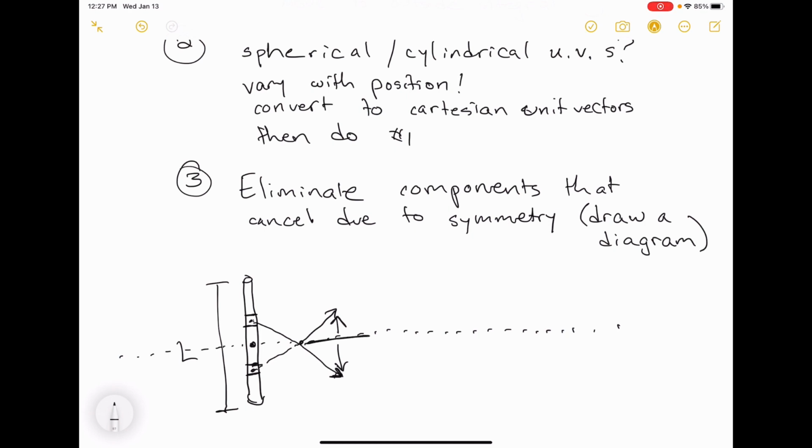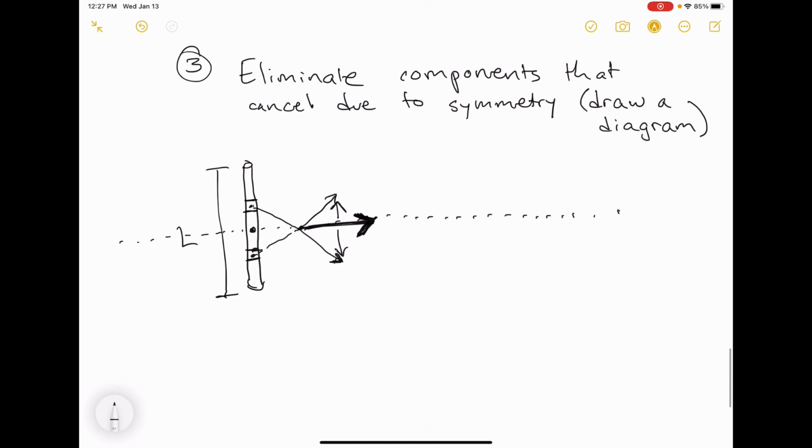The total field is going to be purely radial. That's an example of a symmetry argument that you might make. There are a lot of different symmetry arguments for a lot of different types of problems, and problems that have symmetry arguments in them are usually the only ones that can be solved in closed form if they are at all complicated.